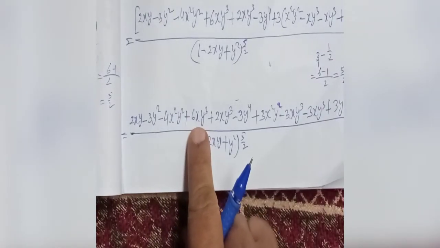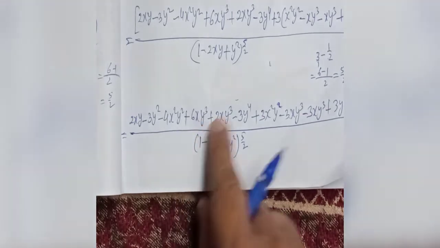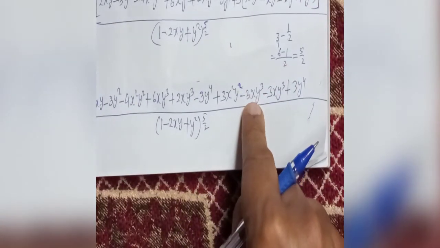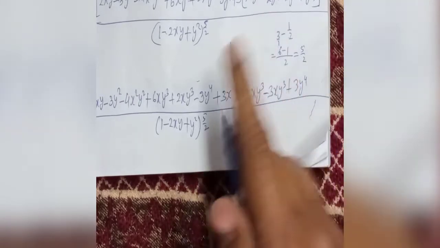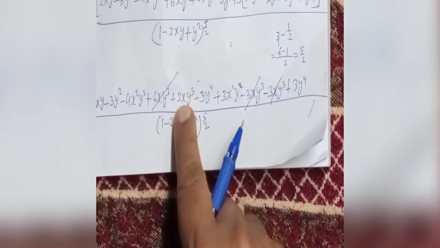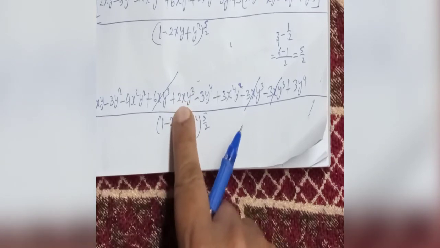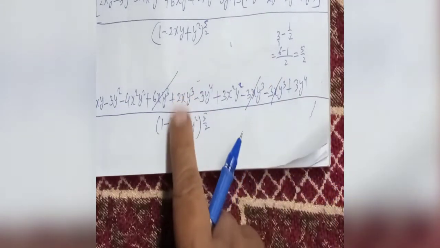Then these terms are solved, and after it I consider the term 6xy cube, and we see the like term is xy cube here, and this becomes minus 6xy cube. So we can cancel out plus 6xy cube and minus 6xy cube. After it, the term plus xy cube is not present here, so I write 2xy cube.